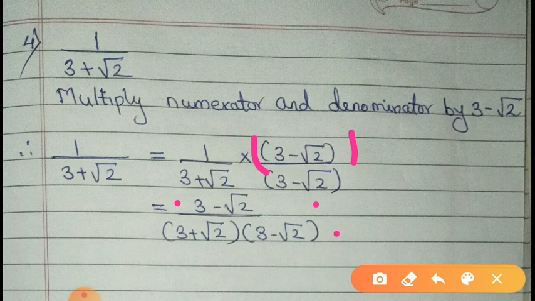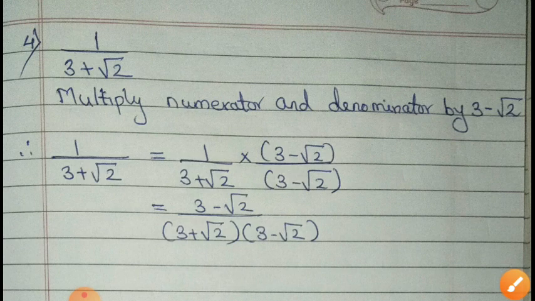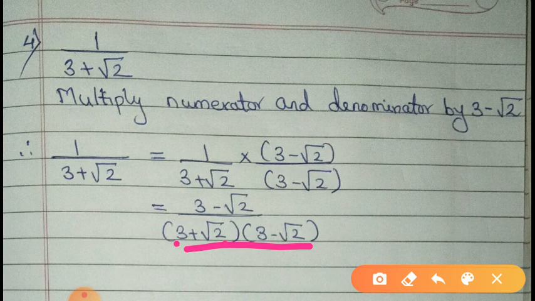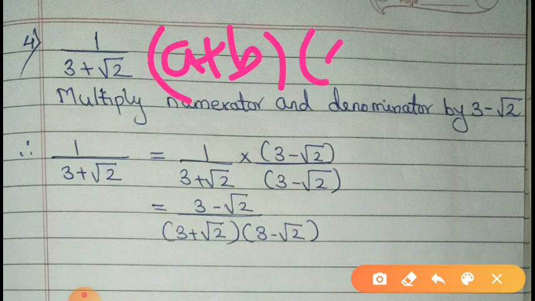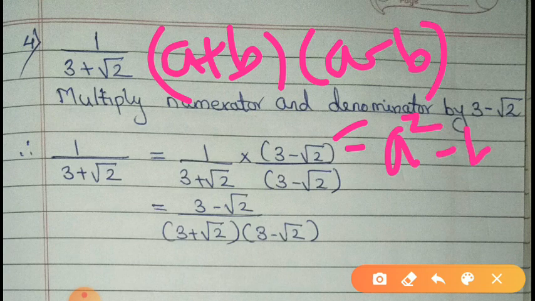Now check which form the denominator is of. The digits are the same, only they differ in the sign. So is it of the form a plus b into a minus b? What is the answer for this? It is a square minus b square.